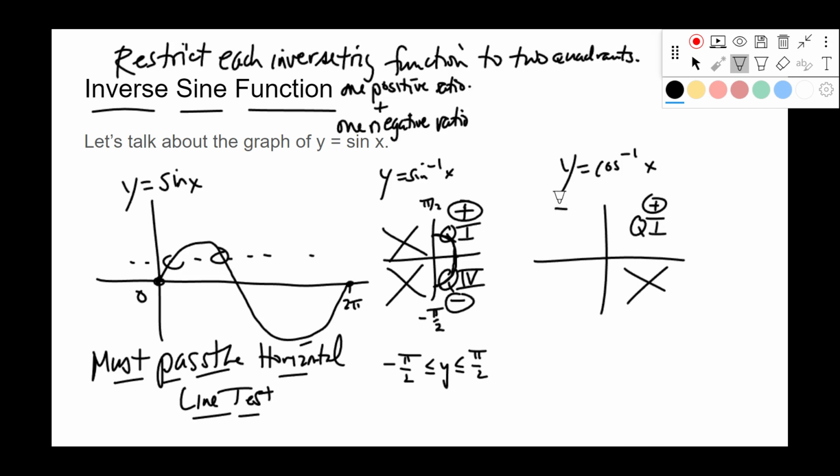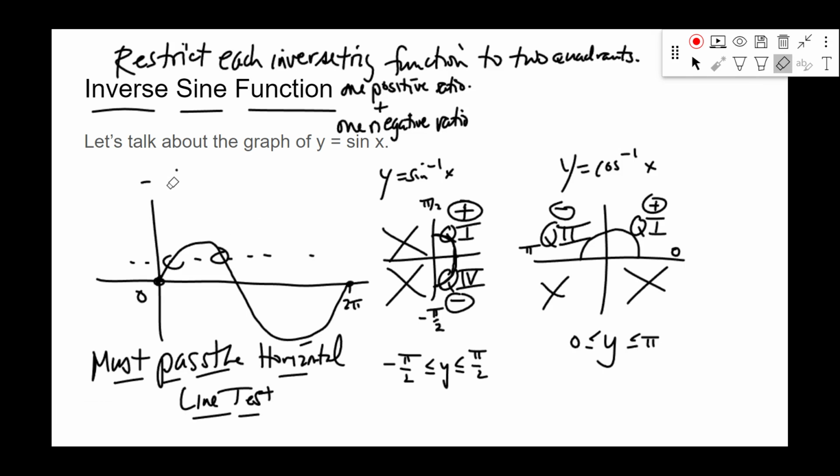Well, x is negative here, and that's quadrant 2. And that's fine. That's all we need. Okay? We never use quadrant 3. So from here, I'm going to go around from there, from 0 to pi. So my restrictions for inverse cosine are 0 to pi.